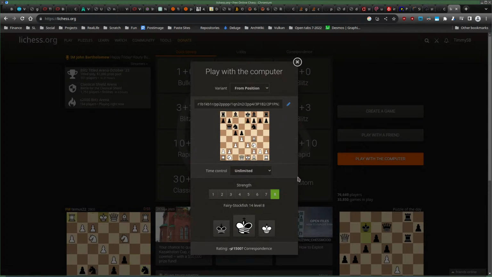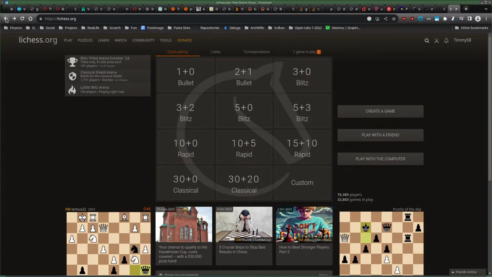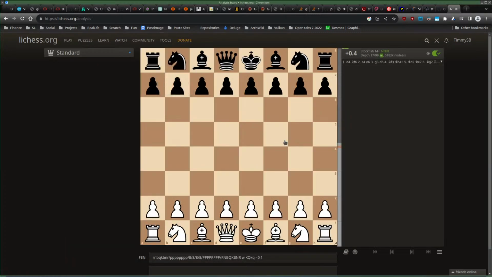From this position, and I have white. No, I have black. And then you click back and then everything is gone. Completely gone. It is so sad.